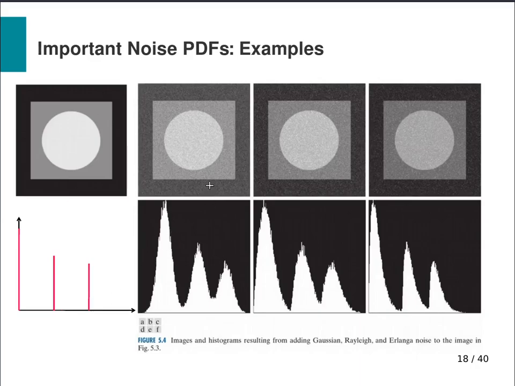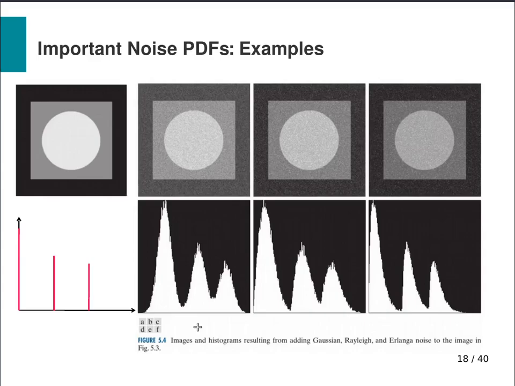When we add the Gaussian noise, you realize that each one of these peaks is now transformed into a Gaussian function, and the reason is that the Gaussian PDF is a probability distribution function, so not one single intensity value but a range of intensity values.